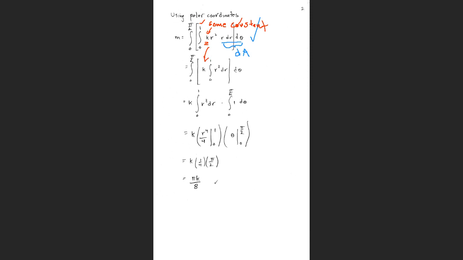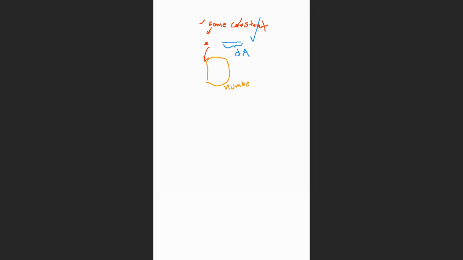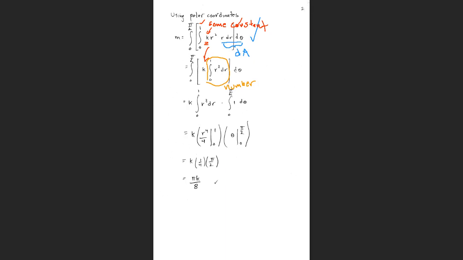But this integral here, the integral of r cubed dr from 0 to 1, is some number, right? It's a value. So we can bring numbers out in front of the outer integral, which was with respect to theta. And so that's what I chose to do.